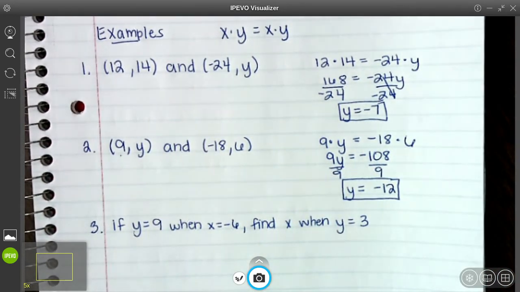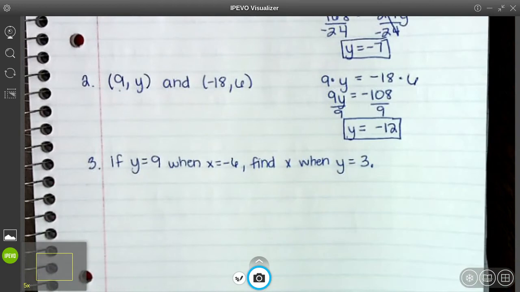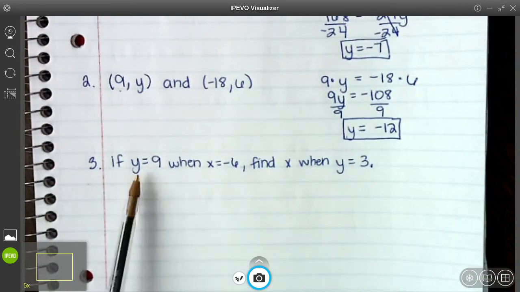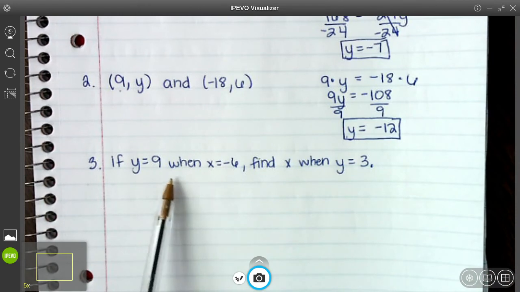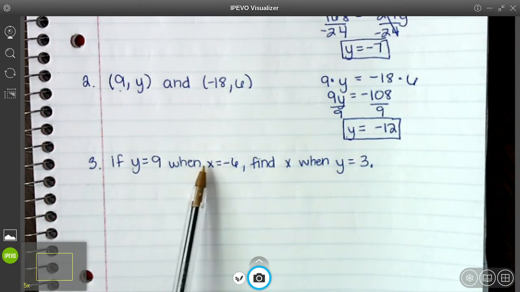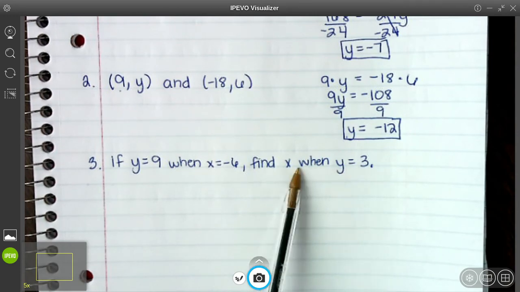And then the same thing you may have where it gives you a sentence instead of 2 points. But you do the same thing. The two numbers that relate to each other, the x and the y that relate to one another, you multiply them. So we're going to say 9 times negative 6 equals x times 3 and solve for that x.